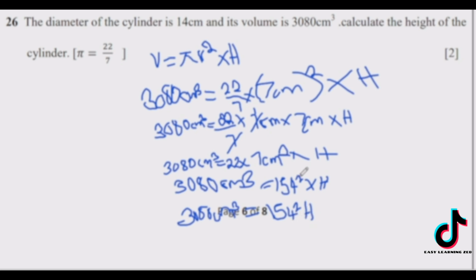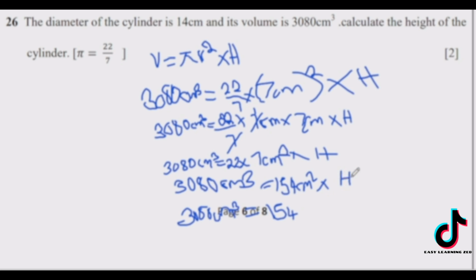Okay, it shouldn't be squared h. I don't know why I made this mistake. Let me just rectify this. Here it should be cubic centimeters.